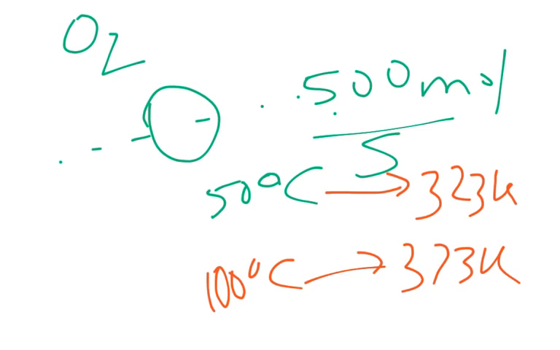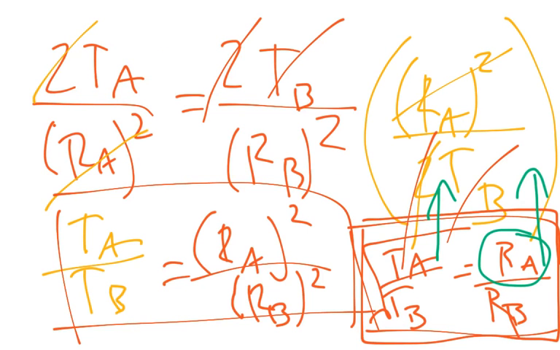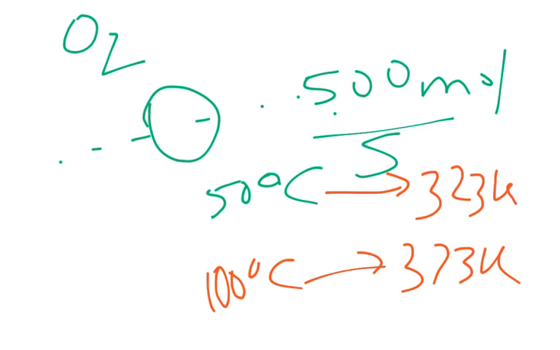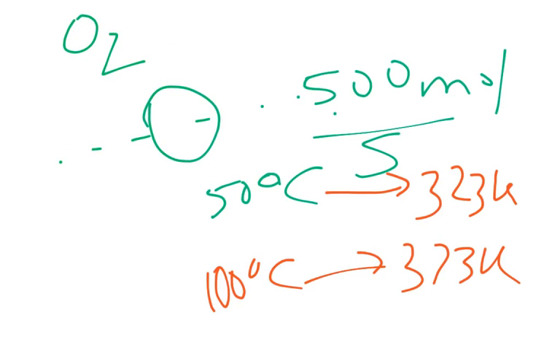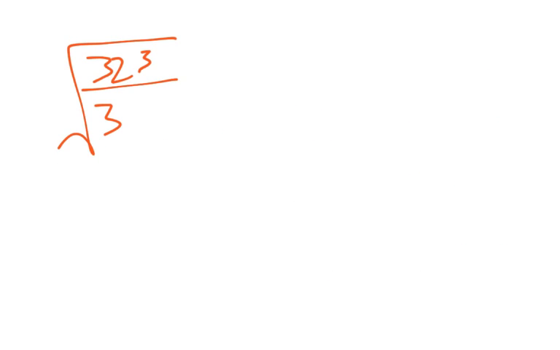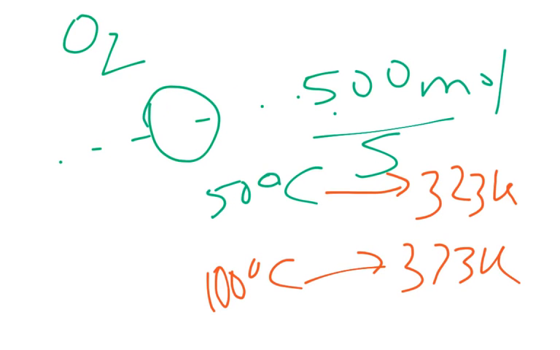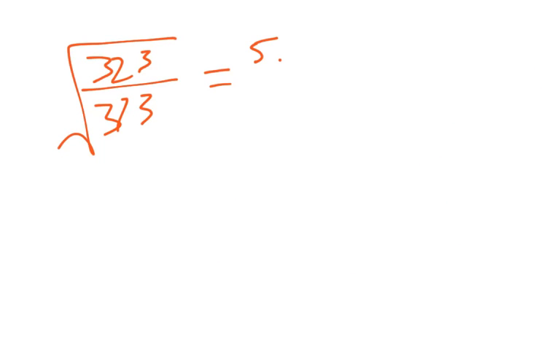Now we can use the equation that we got from our calculations. The square root of TA over TB. We know that TA is 323 Kelvin, and TB, which is the condition after, is 373 Kelvin. This is equal to the effusion rate for the first situation, which is labeled as A, and that's 5.00 moles per second, over the new effusion rate, RB.